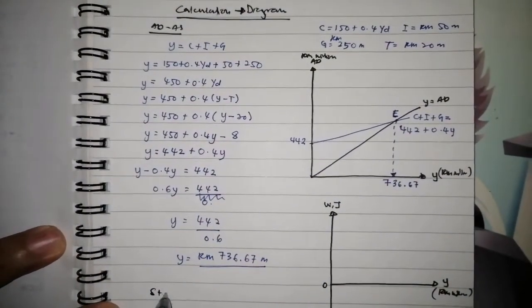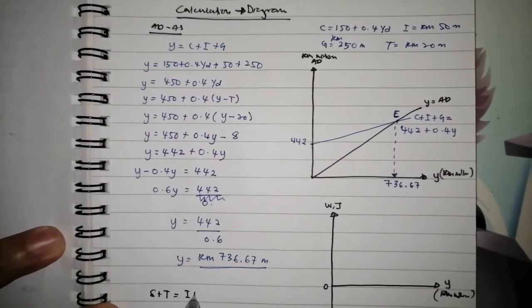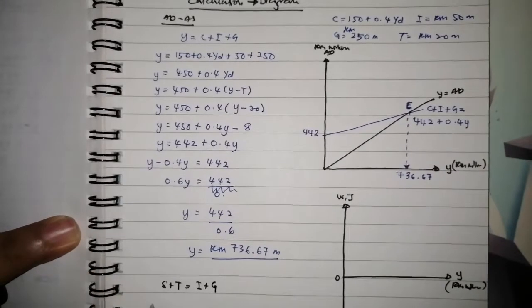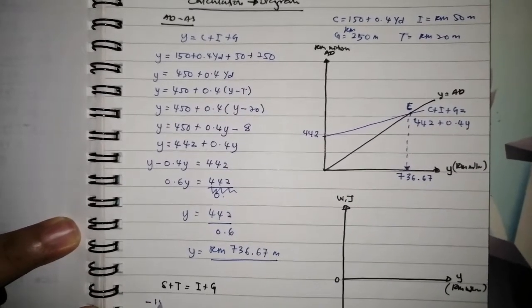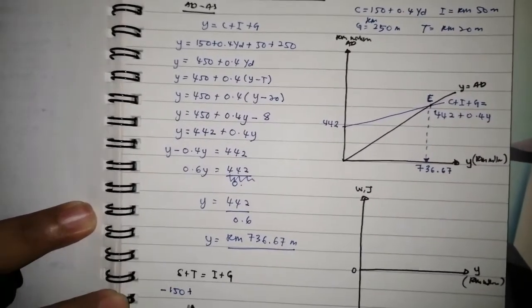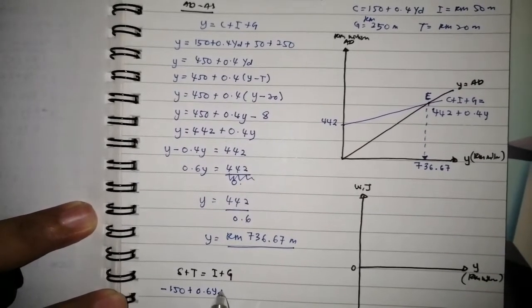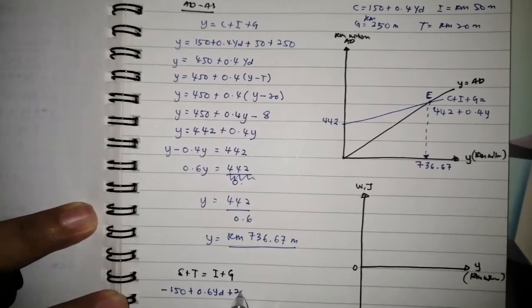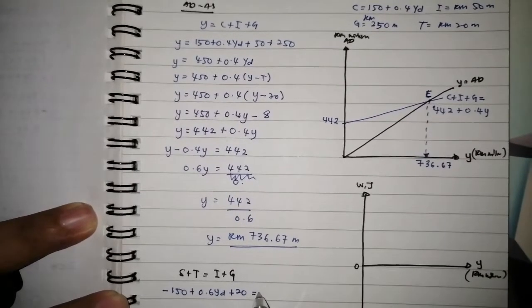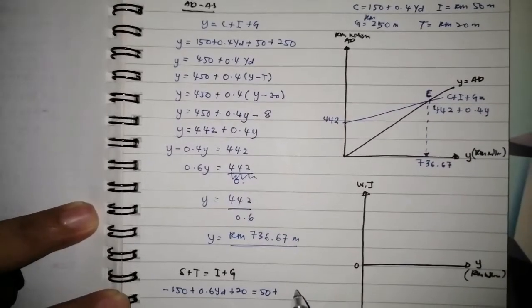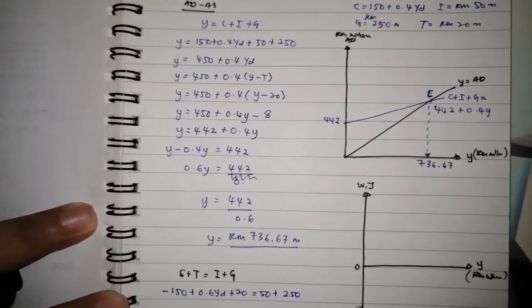Formula equilibrium S plus T equal I plus G. So, calculate S is negative 150 plus 0.6 YD plus tax 20 equal to I 50 plus G 250. Okay.